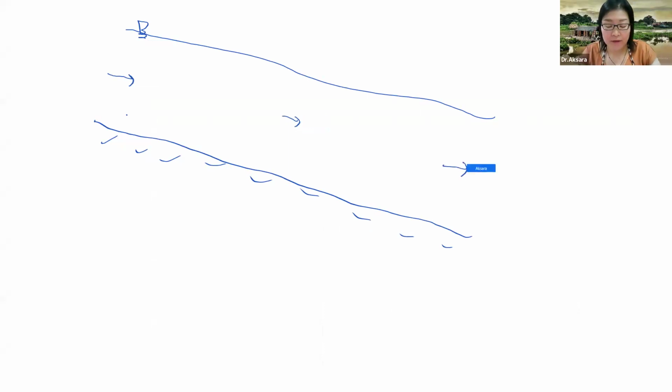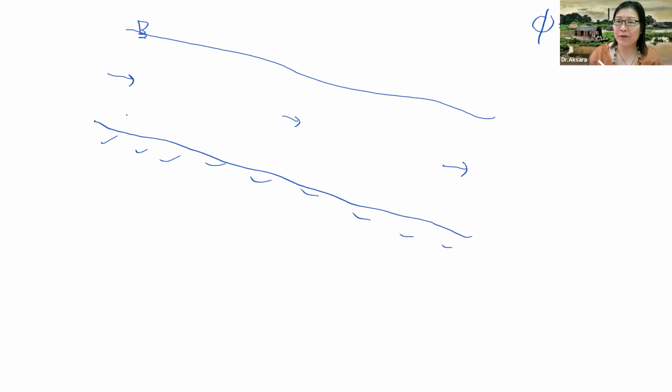Now, if I have a flow, just like I mentioned, I'm going to draw my river system again. This is a long cross section of my river, and this is the water level. My water flows from left to right. So you see that the equipotential line phi is actually pressure head plus elevation head, right?